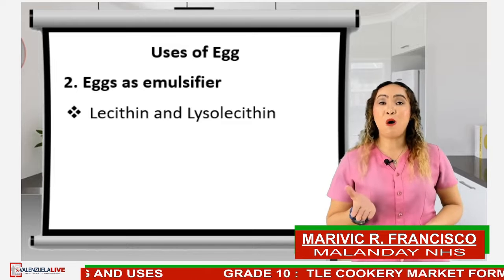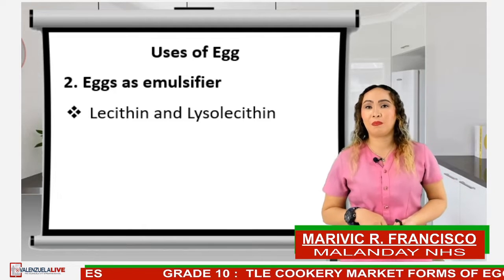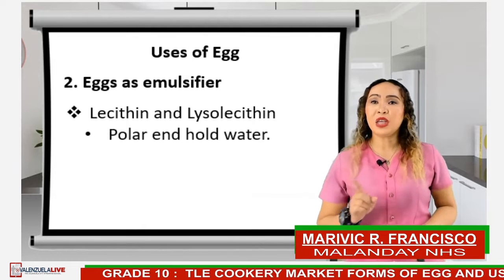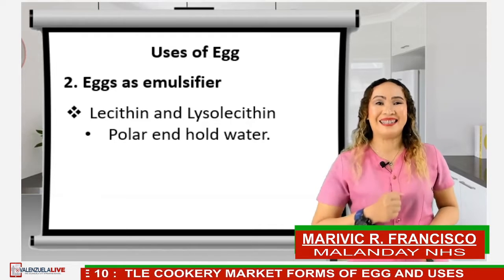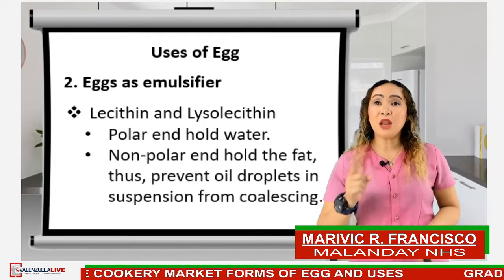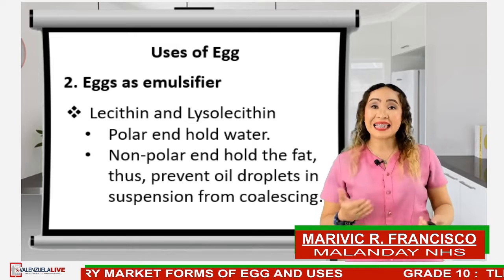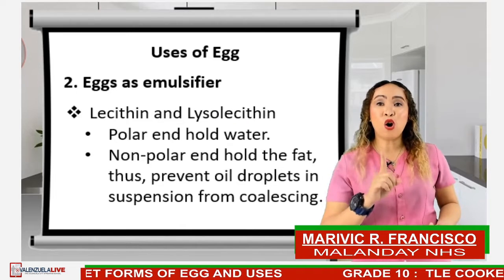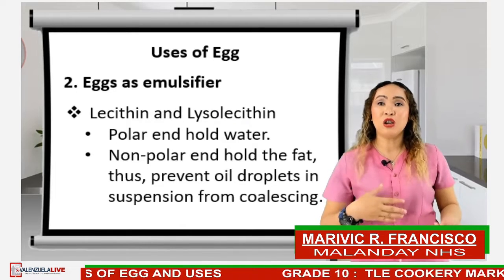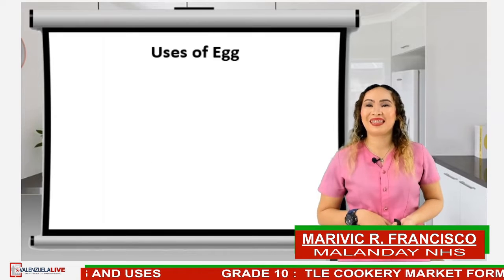So what's this polar and non-polar ends? When you say polar end, it holds water. When you say non-polar end, it holds the fats, thus preventing oil droplets in suspension from coalescing.